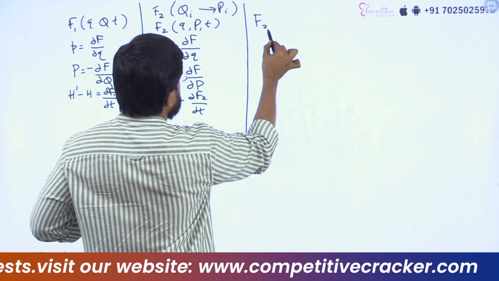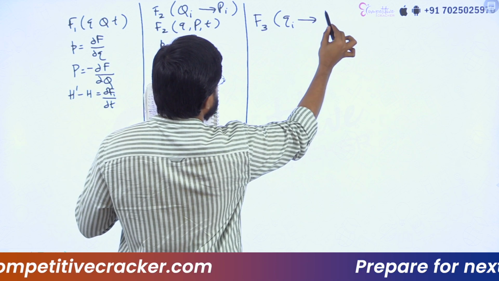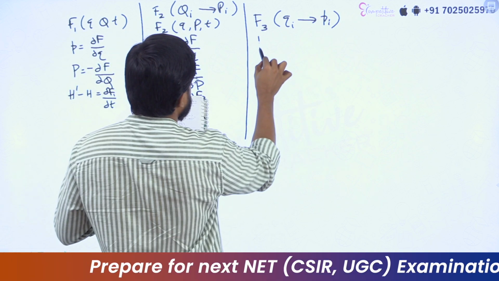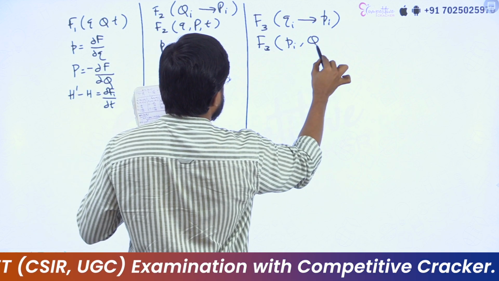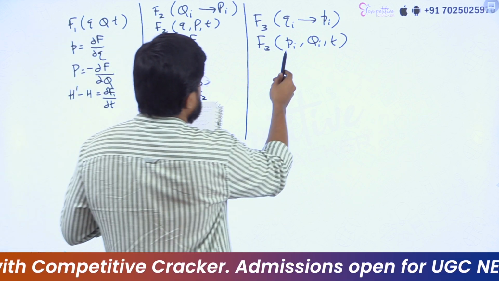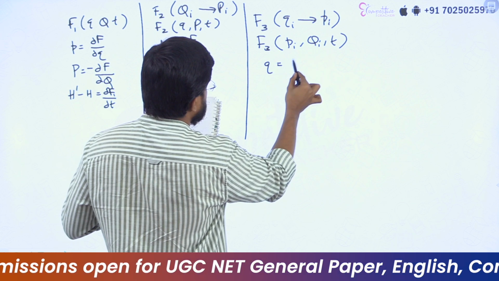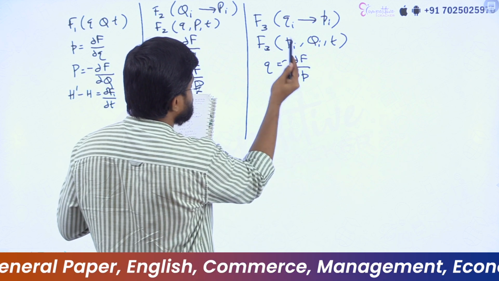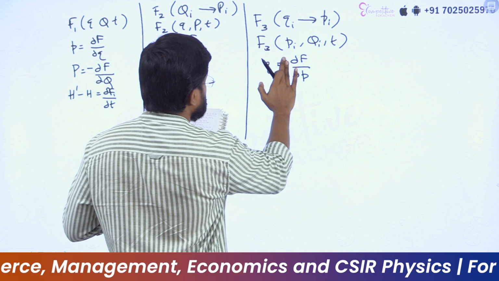The third case, F3, is where small q is exchanged with small p. So F3 becomes p, Q, t. Small p is present, what is missing? Small q is missing. Missing is equal to ∂F by ∂present, with small q there, so it is a negative. Is it clear?